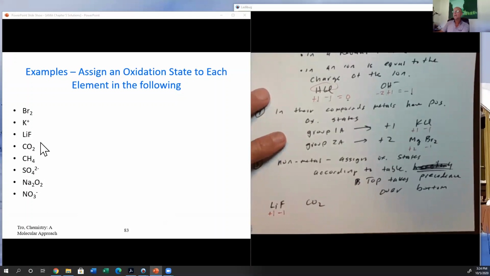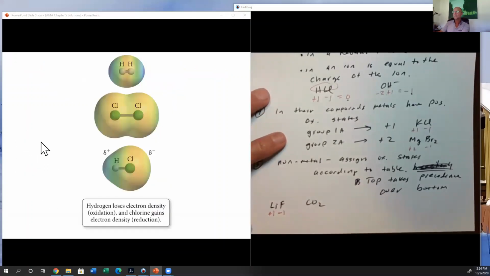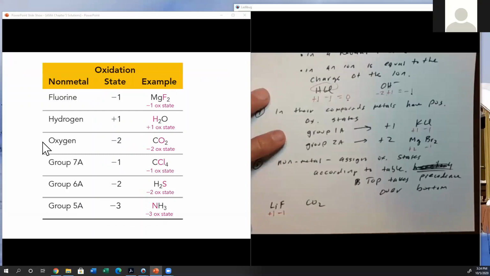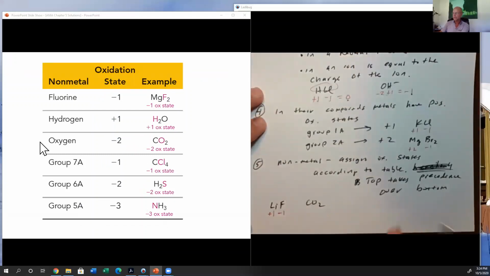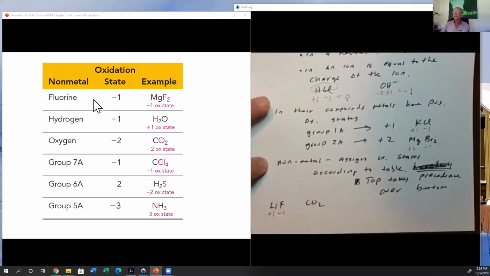Now let's look at CO2. We go through all of these and we don't find either carbon or oxygen, until we get to number 5 here. So now we have to go to this hierarchical list. What comes first on this list? Only one of these is on this list, and that's oxygen. Oxygen is right here.